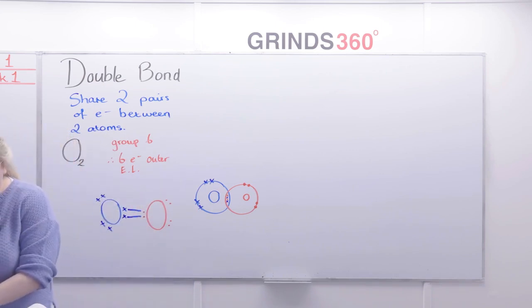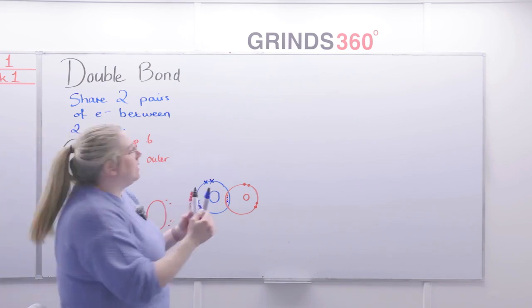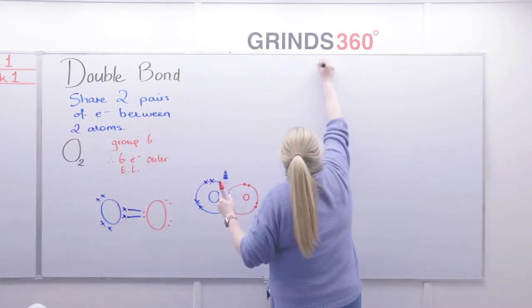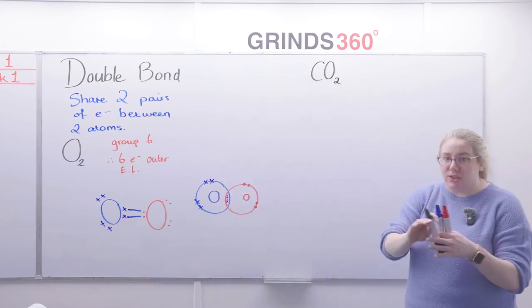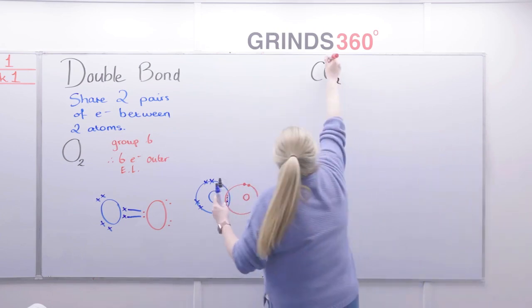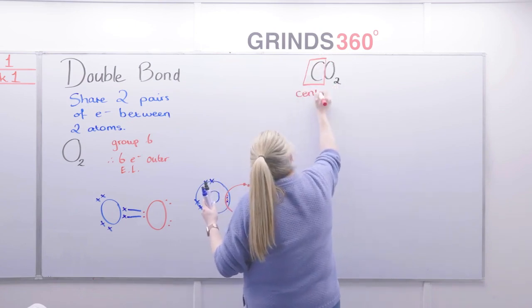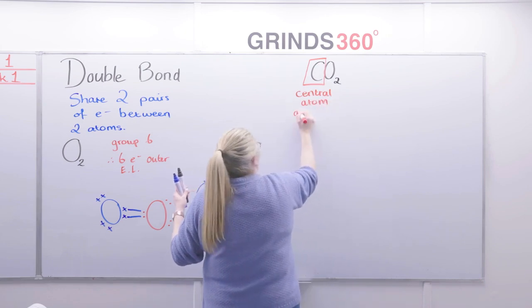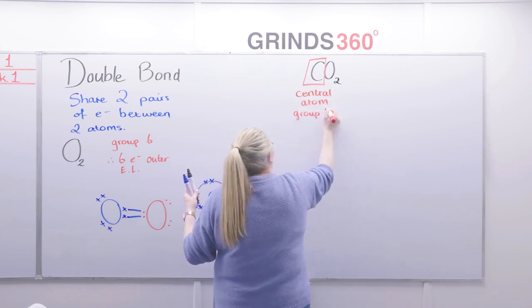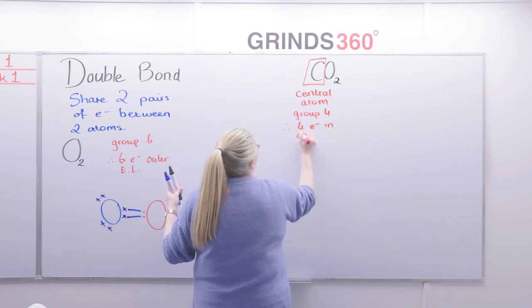Now, if you go to the practice questions, there is a specific example going through this, and it's carbon dioxide. Now, this one I need you to put a star beside because it's a very common exam question. The central atom here is going to be carbon because there's only one atom of carbon in the formula. Carbon is in group 4 of the periodic table. Therefore, it will have 4 electrons in the outer energy level.